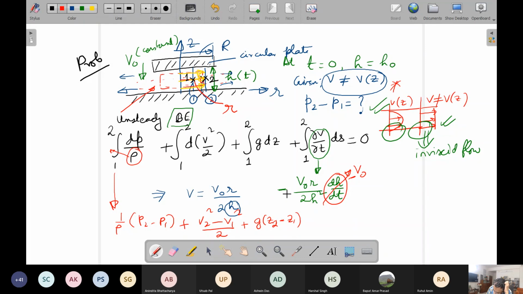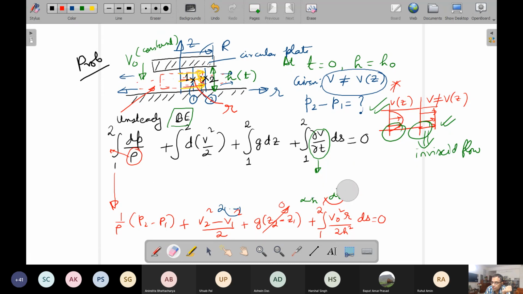They are at the same horizontal level, so this is 0. Plus this will be V0 square R by 2 h square into ds from 1 to 2.